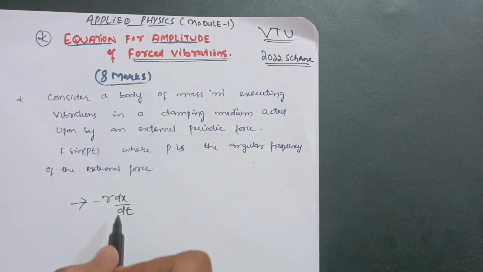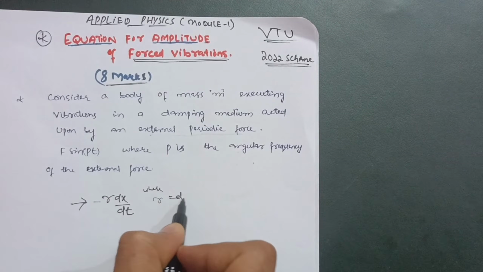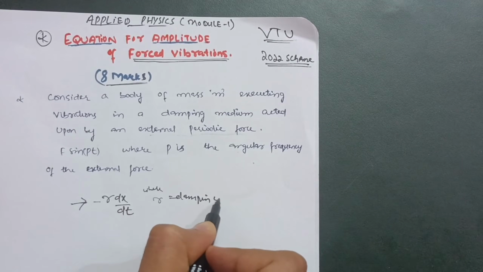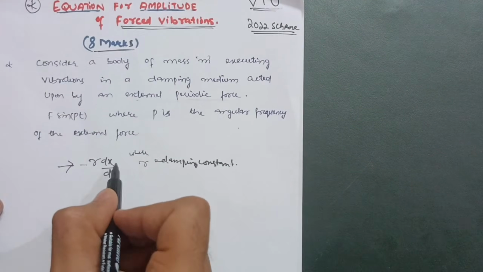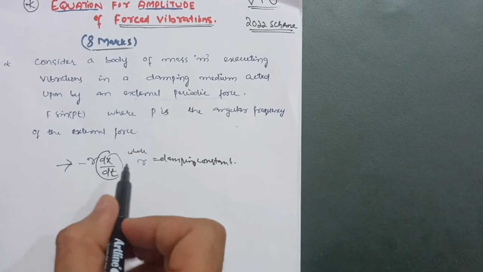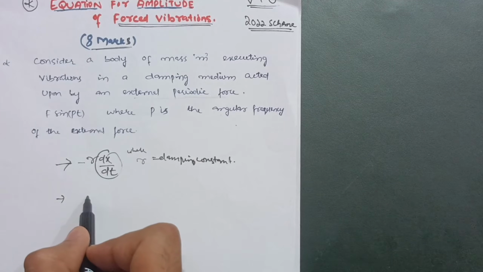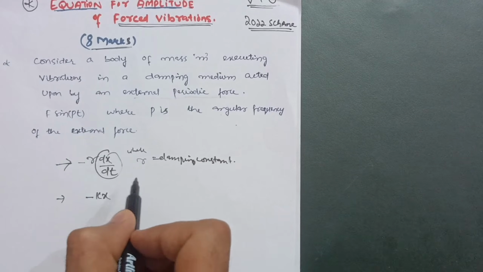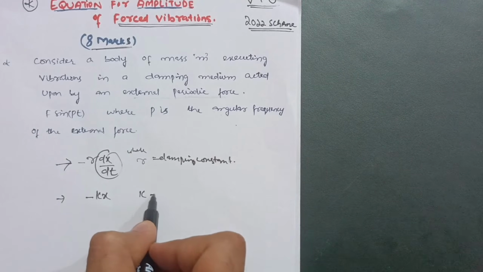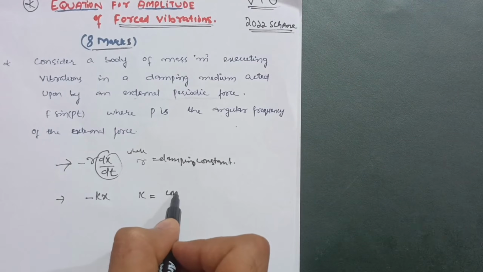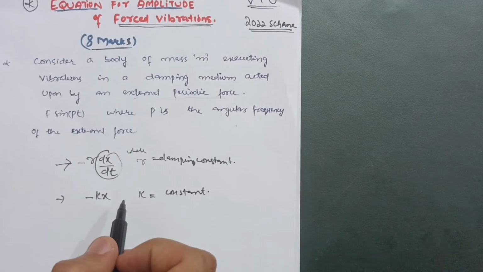Here r is the damping constant, and dx by dt is the velocity. This is one force, and another is the restoring force. You already know the restoring force is equal to minus kx, where k is the proportionality constant and x is the displacement.